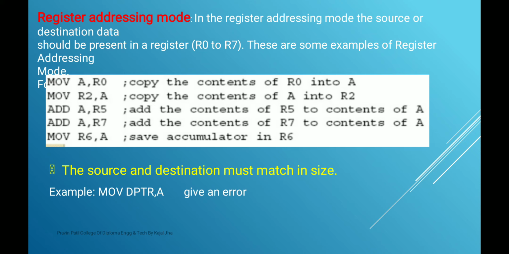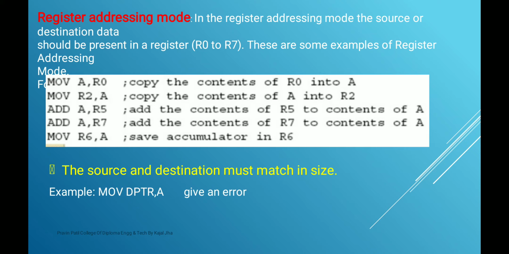In the register addressing mode, the source and destination data should be present in registers R0 to R7. These are some examples of the register addressing mode.